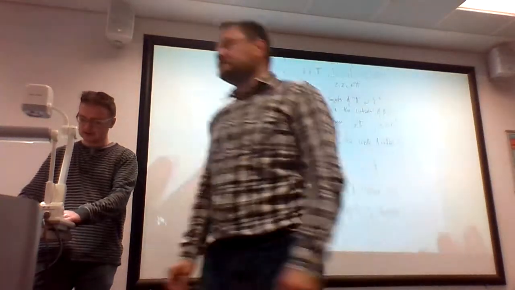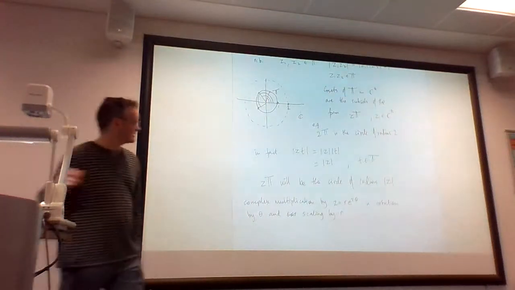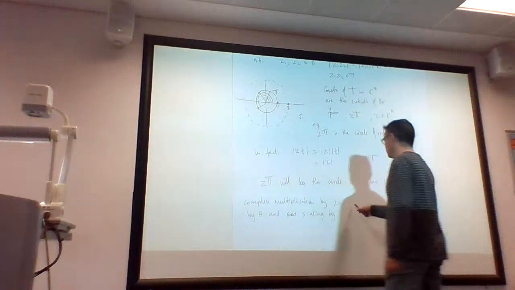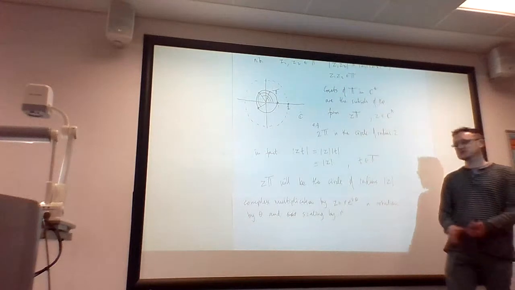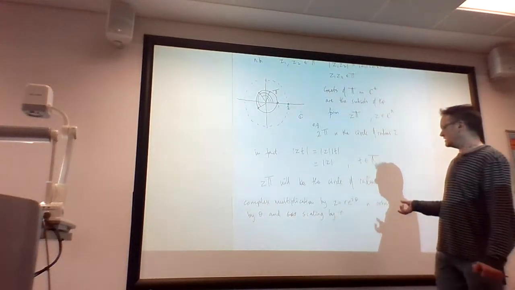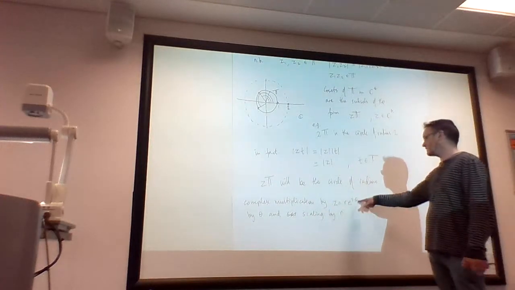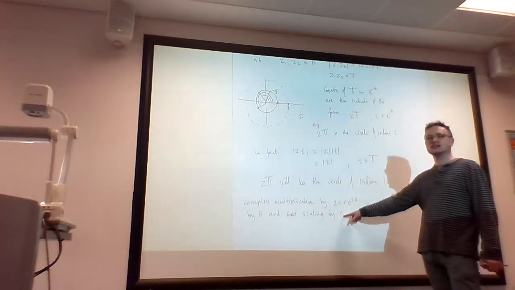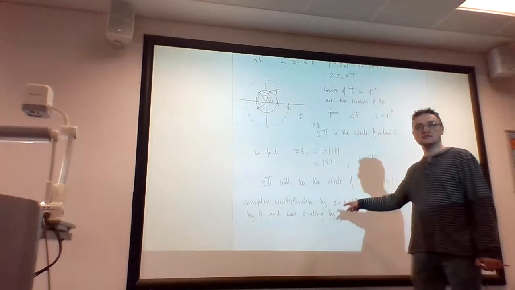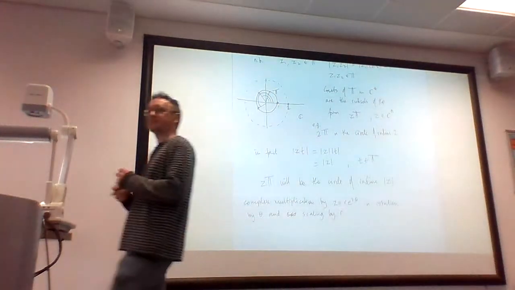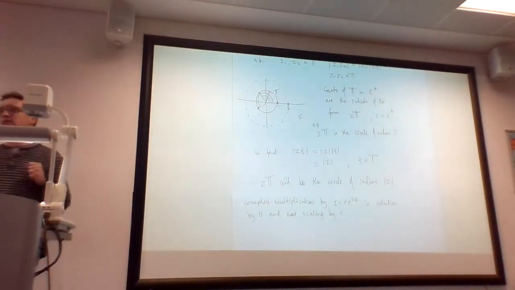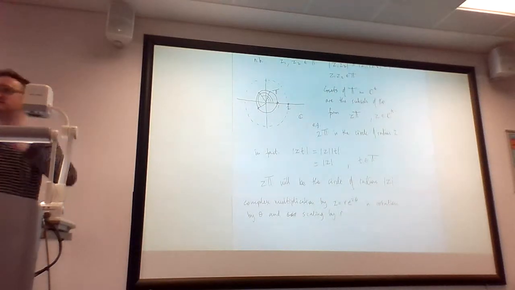When you multiply by a complex number z, represented as r e to the i theta in polar form, what you're doing to the other number is rotating it by the angle of z and scaling it by the modulus of z. So complex multiplication has that very geometric meaning.